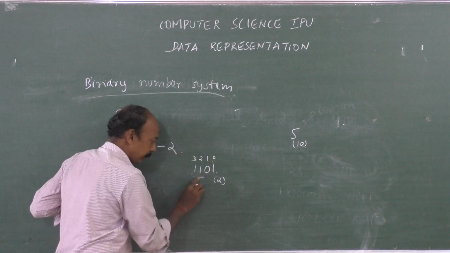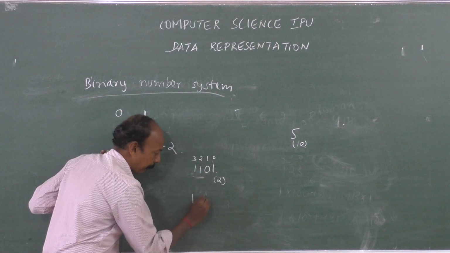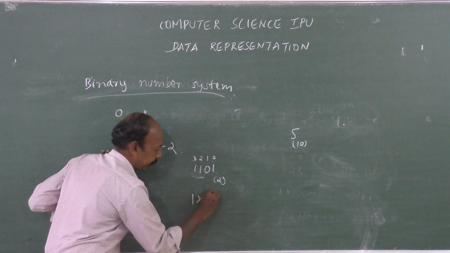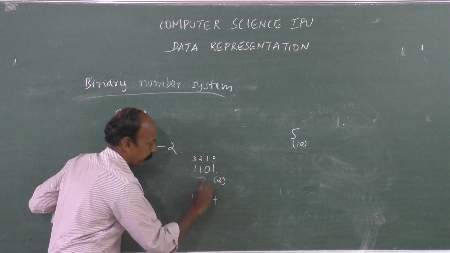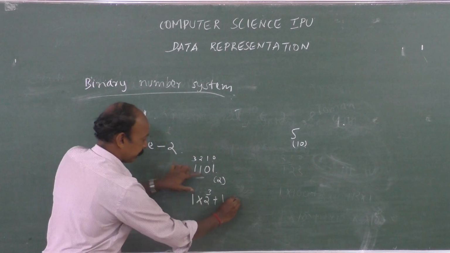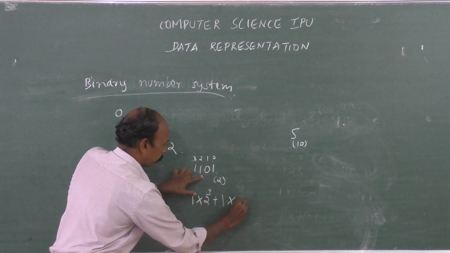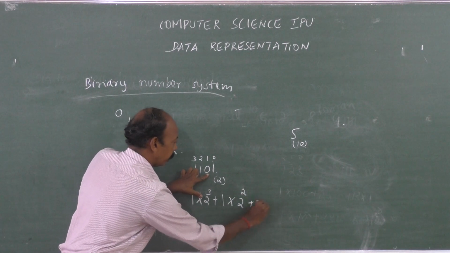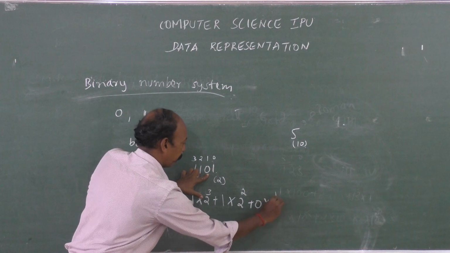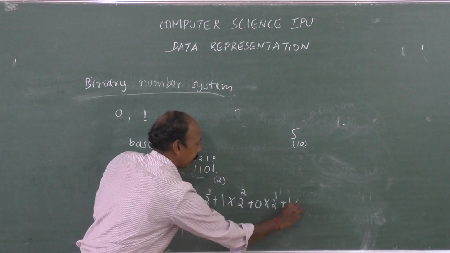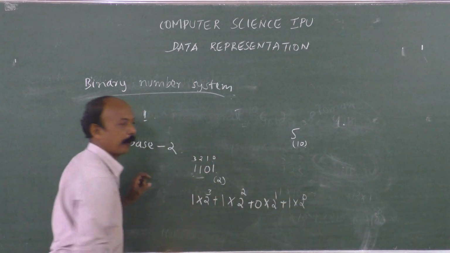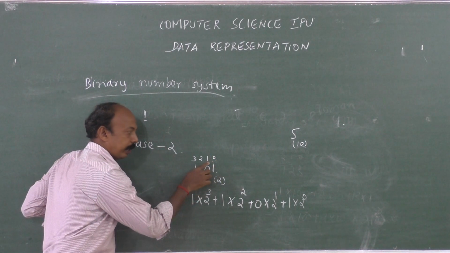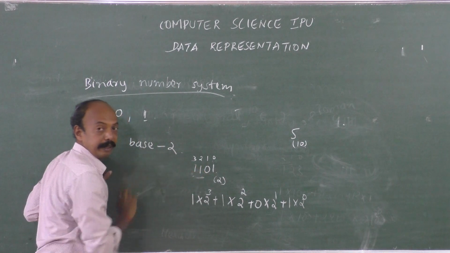So this number could be written as 1 into 2 to the power 3, plus 1 into 2 to the power 2, plus 0 into 2 to the power 1, plus 1 into 2 to the power 0. So weight 0 for this, weight 1, weight 2 and weight 3.